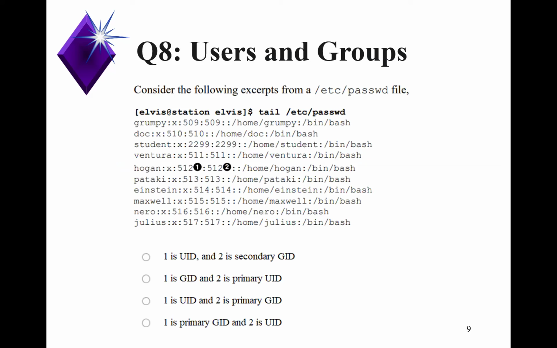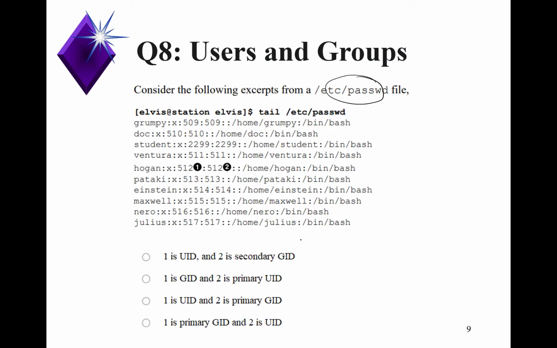Okay. So here, this is the etc passwd file, for a regular user. So tell me what is 1, what is 2? One is the UID. Yeah, 1 is the UID and the second one is the GID.